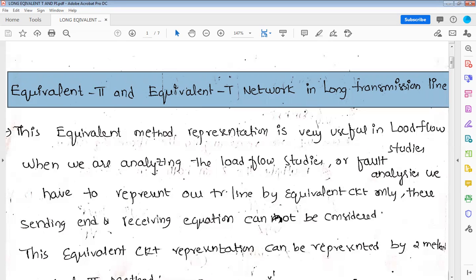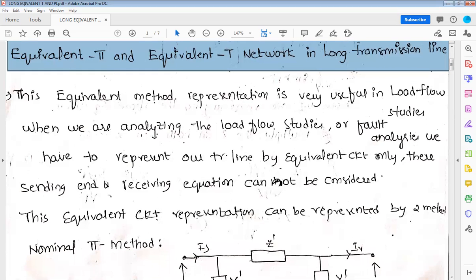This representation is useful in load flow studies, where we analyze the load flow equations, and also in fault analysis. We have to represent our transmission line by an equivalent circuit only. The sending end and receiving end equations cannot be considered as references.